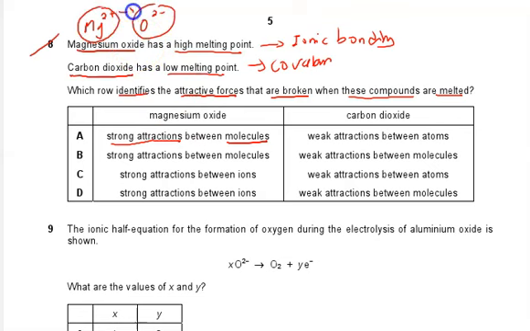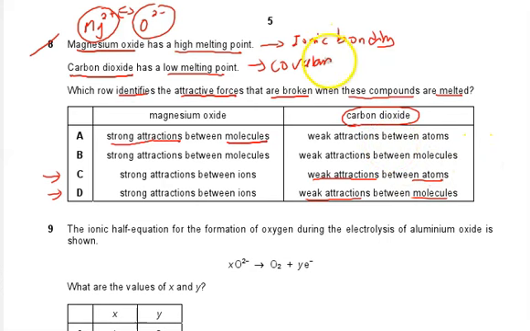It is ion that reacts and attract together. So it should be either C or D. Now let us look at carbon dioxide. They have a weak attraction between atoms and weak attraction between molecules.